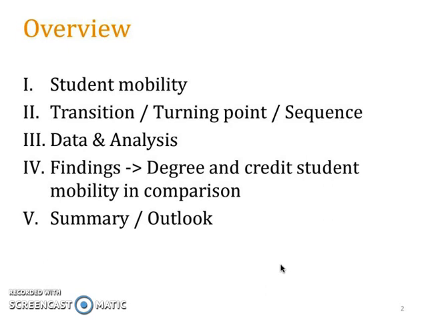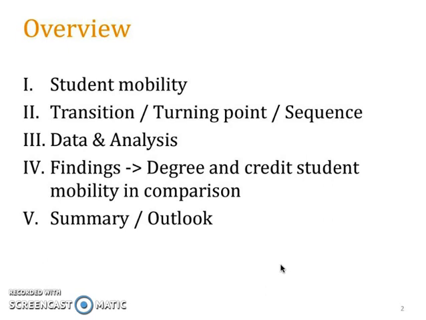Today we will talk about international student mobility, and let me introduce an overview. It's divided into five points. The first one is about student mobility, then transition, turning point, and sequence. The third one is about data and analysis.